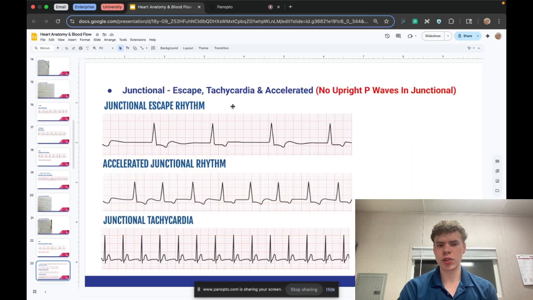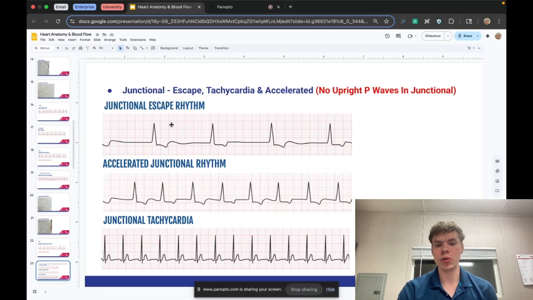So this is a junctional escape rhythm, also known as kind of a normal junctional rhythm. It has a QRS and it has inverted T waves, but no P waves. And as you can see, the heartbeat is a bit slower. We can count the pulse by counting the boxes.